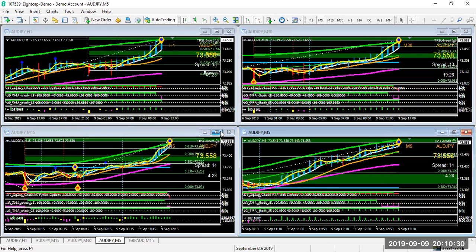So once again, the market does have these times where all four multi charts, four time frames, are overwhelmingly giving you the direction that price is going.